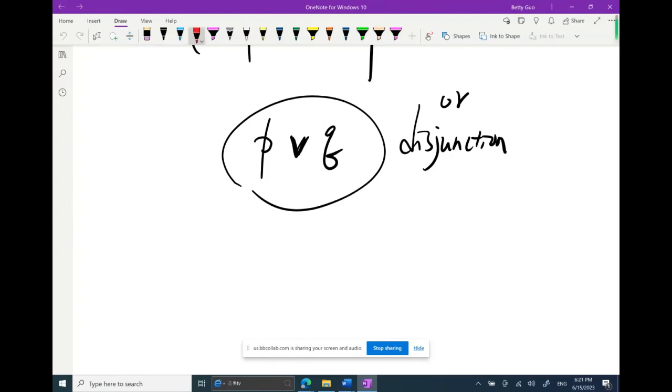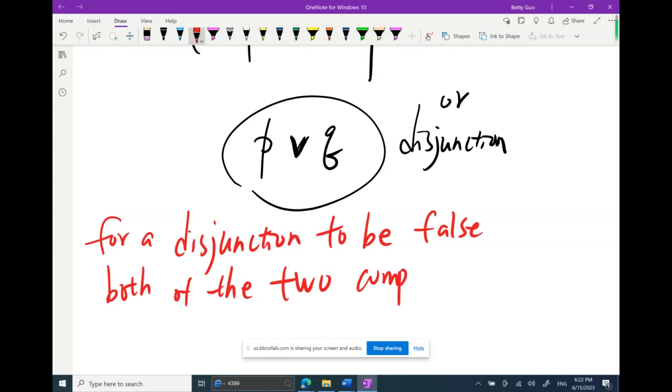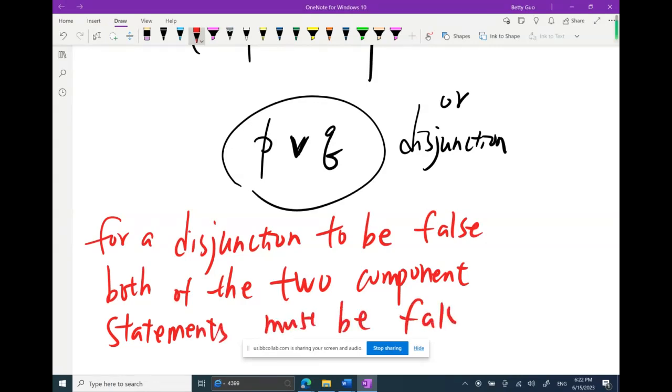And the sentence you need to remember for a disjunction is: for a disjunction to be false, both of the two component statements must be false.